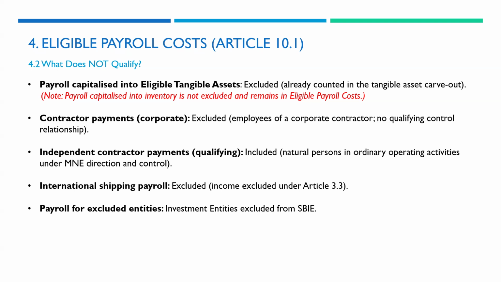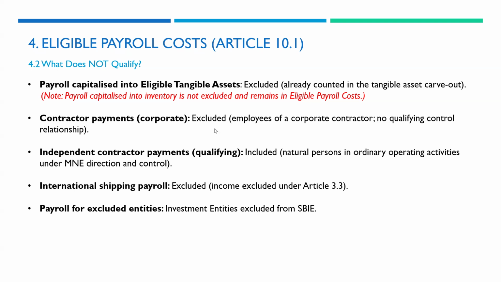If there is any payroll in your inventory, you can still take it for SBIE calculations because it's directly related to your product. But anything else, like research and development salary, or one month's salary capitalized because it's directly attributable to an asset, those things will not be included.